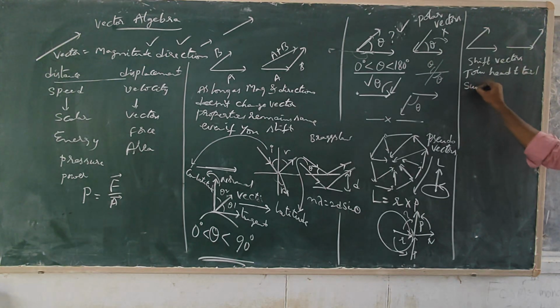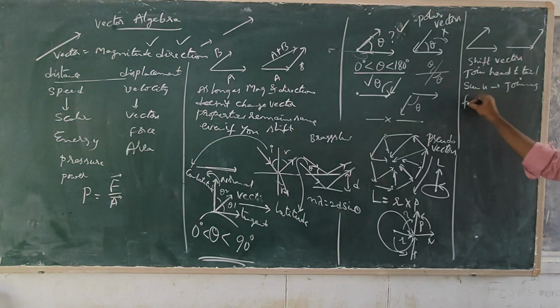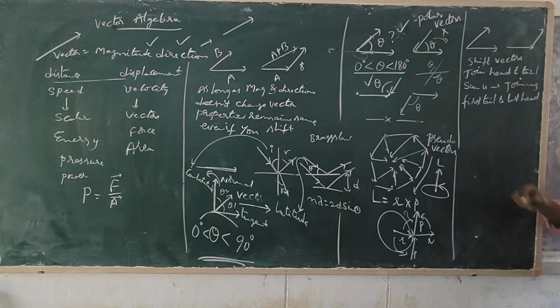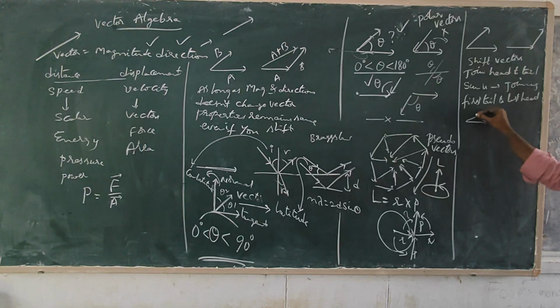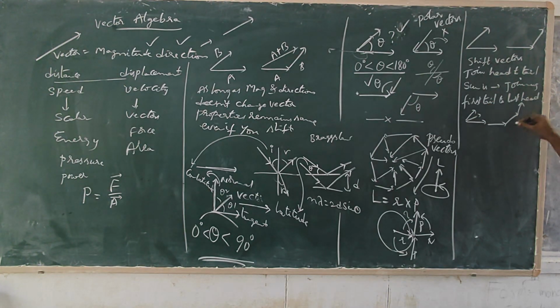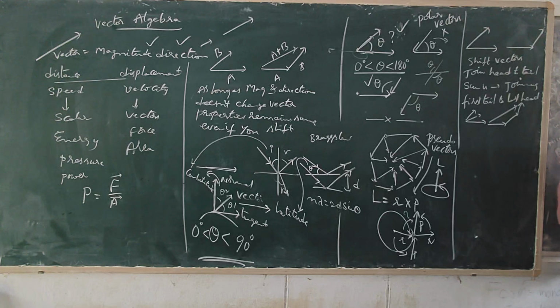Then the sum is obtained by joining the first tail to the last head. So when you have a group of vectors, let's say you want to add two or three vectors, you have to join them head to tail and join the first vector's tail to the last vector's head.